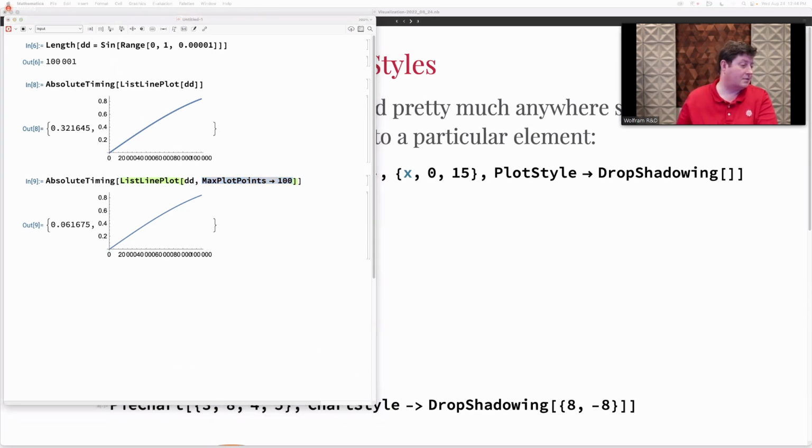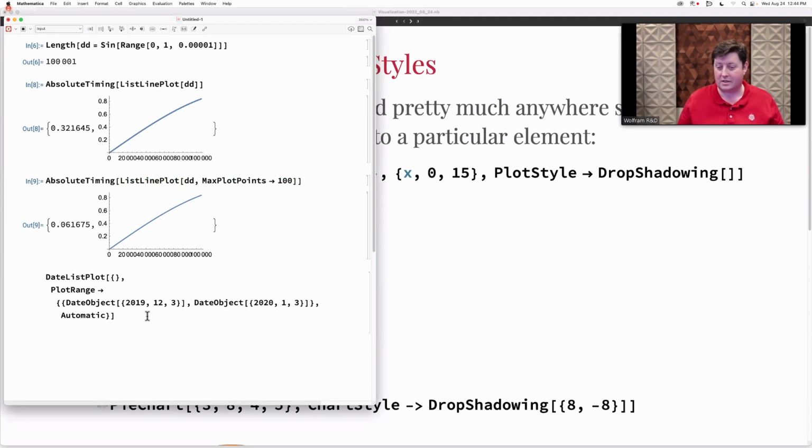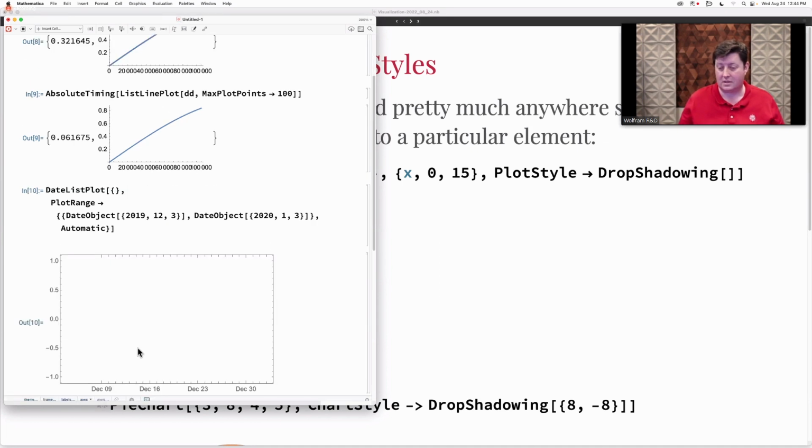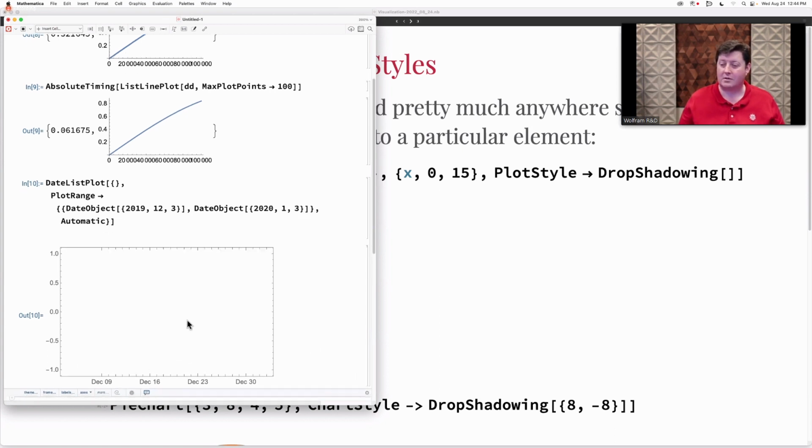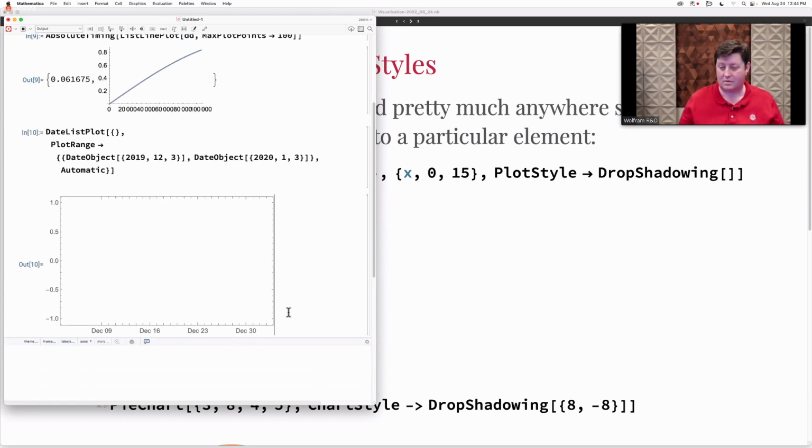Okay, one last comment. Somebody is commenting on something that's broken, which I don't recognize immediately. So the date-less plot range goes from that to that. Oh, that's cute. I don't recognize that one, so I don't know what's going on there, why we aren't getting values on the left here, off the top of my head.